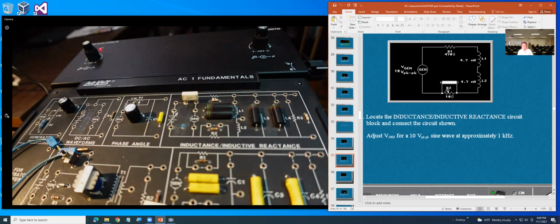We need to connect 2, from the right side R1 to L1, C1, right?